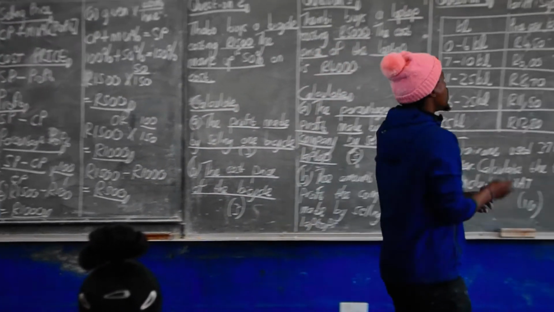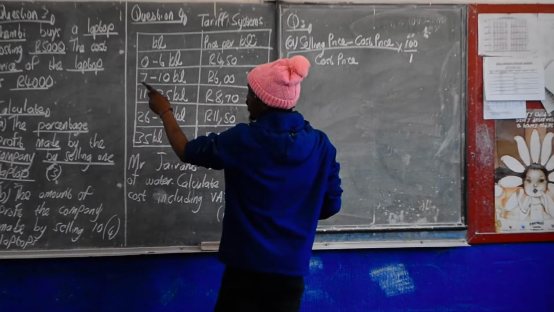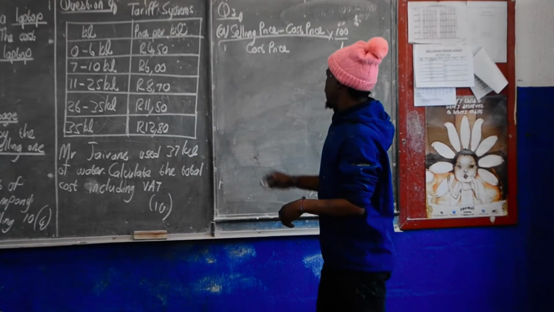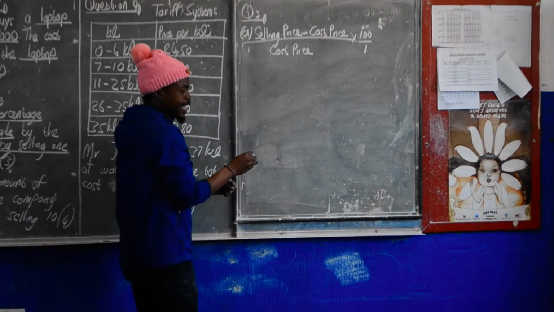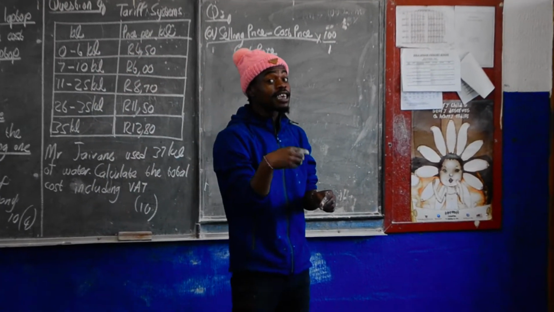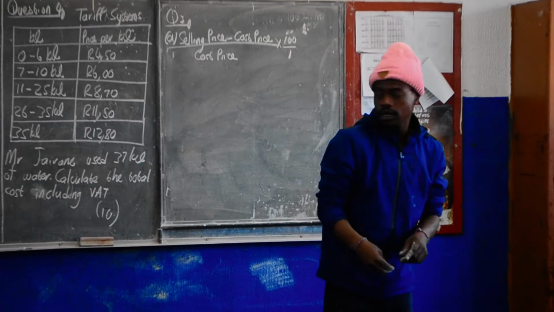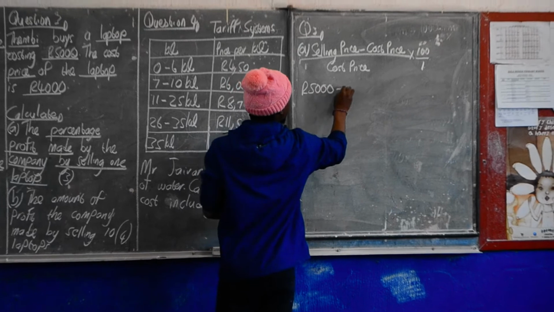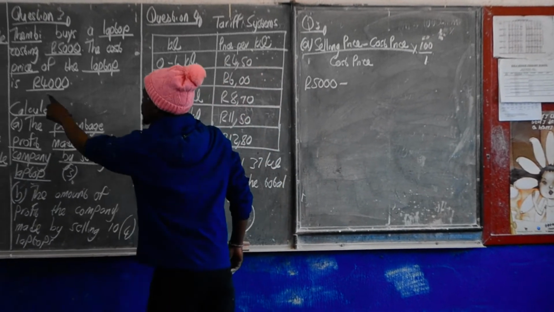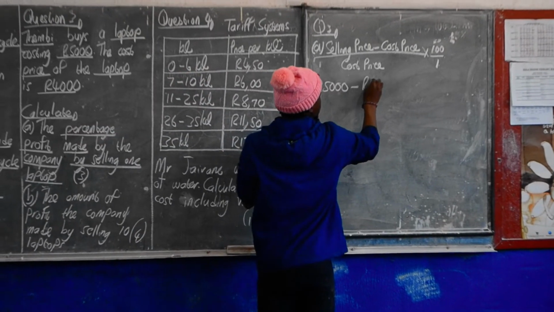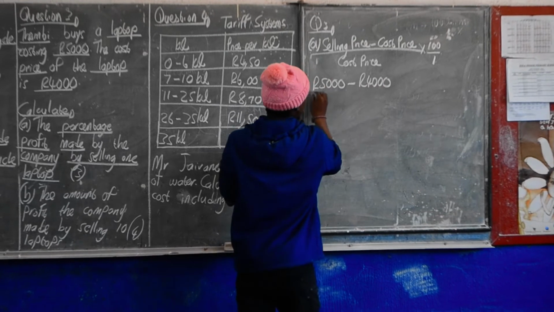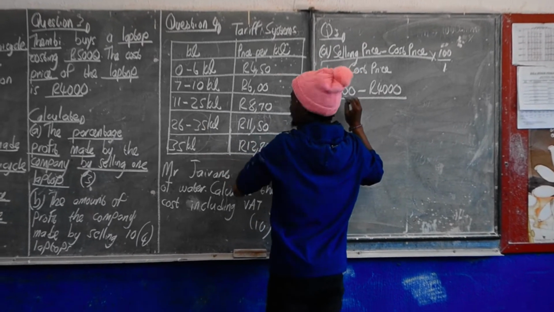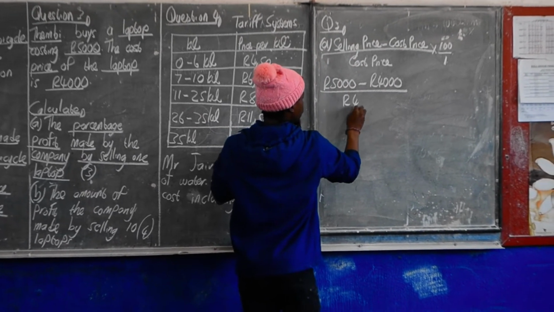So now, how much is the selling price there? 5,000. Yes, because the company sells it for 5,000. So now I'll say 5,000 minus 4,000, over how much is the cost price? 4,000.